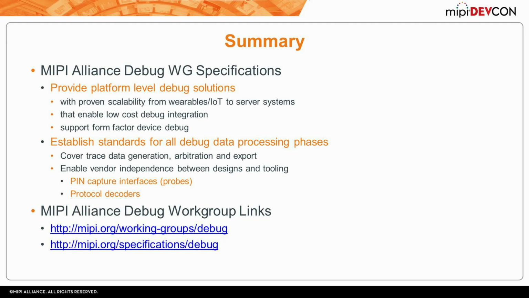So this was just a part of the specifications that the debug workgroup is dealing with. If you're interested in more, you can go to the MIPI website and to the homepage of the debug working group. And with this, I would like to open for questions.